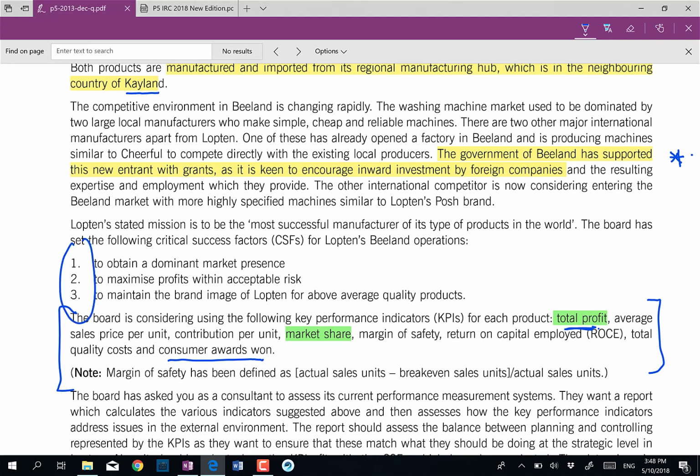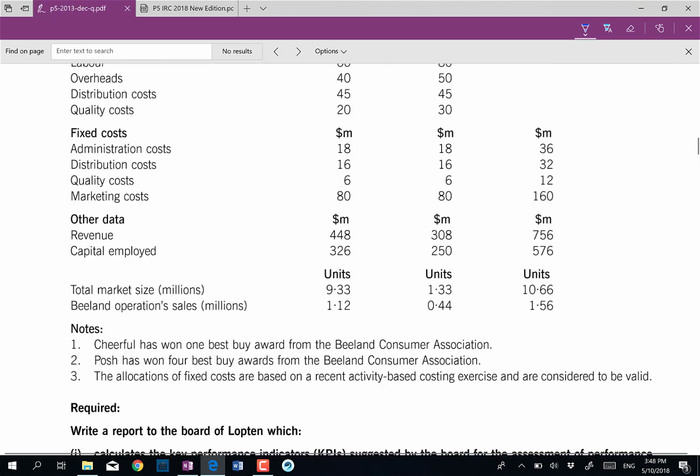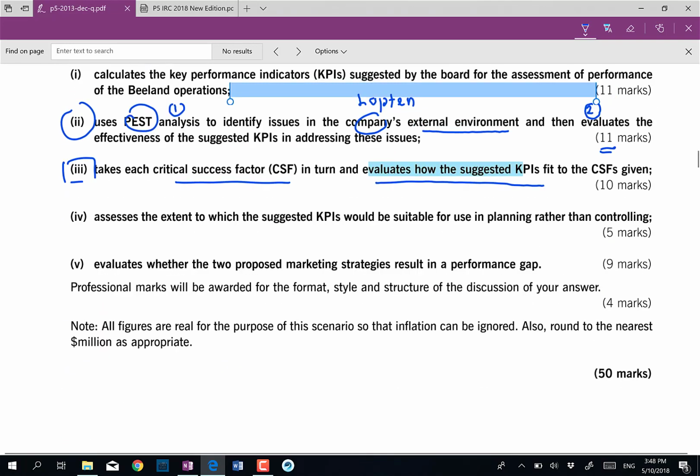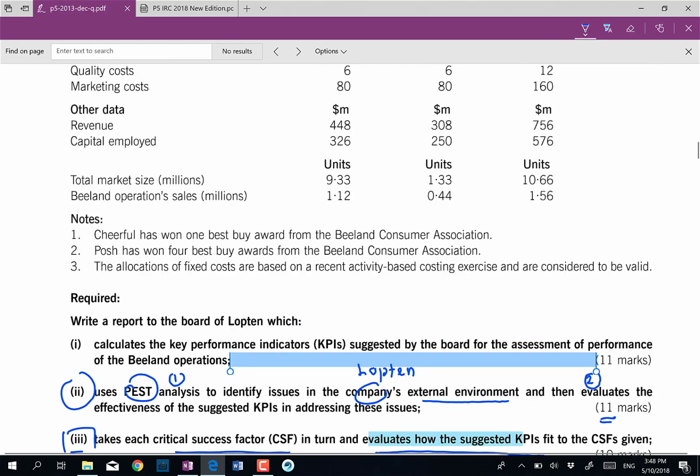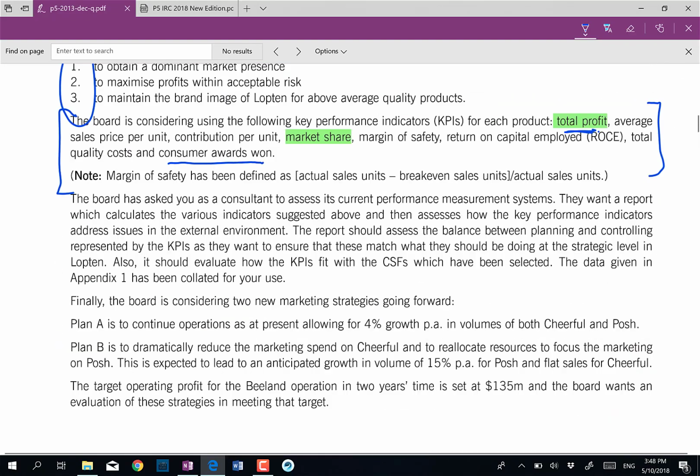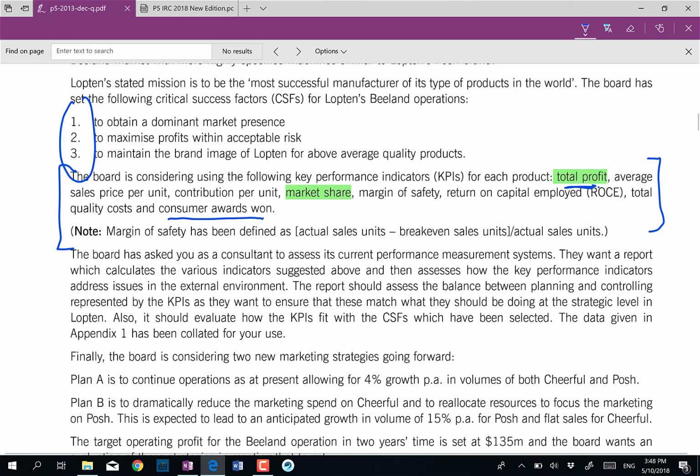To obtain a dominant market presence, to maximize profits within acceptable risks, and to maintain the brand image for Lopten for above average quality product. Okay, so now the examiner is asking student to evaluate which of the KPI given can be related to these 3 critical success factors.